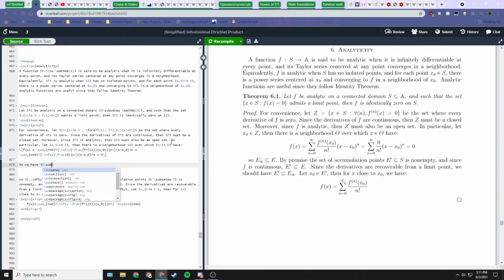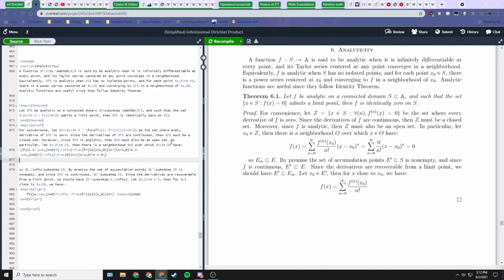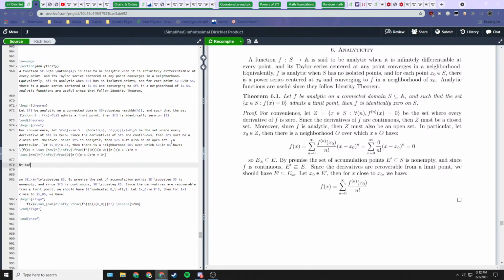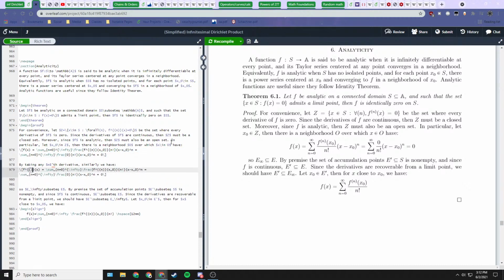So we have this O is... actually we can say, by taking any mth derivative, similarly we have, so if you take an nth derivative, we have this summation, that'll stay as it is, and then we get n minus m, and then we have... oh gosh, how does that work out?